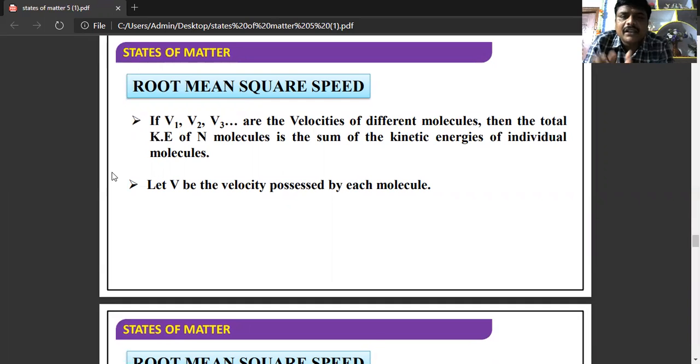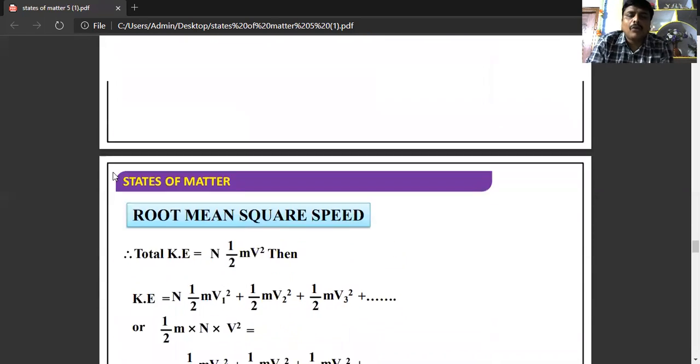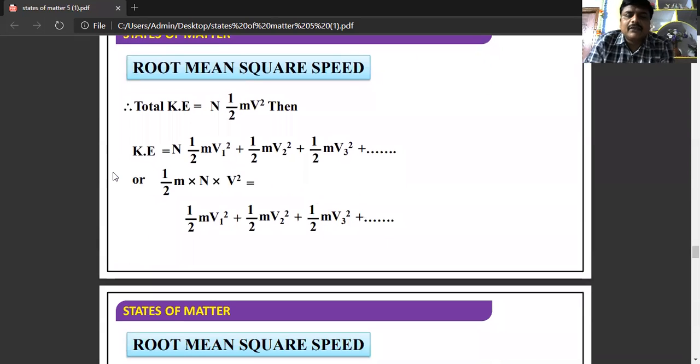When we are considering root mean square, if V1, V2, V3 are the velocities of different molecules, then the total kinetic energy of n molecules is the sum of kinetic energies, and v is the velocity possessed by each molecule. So total K is equal to n into half mv square.